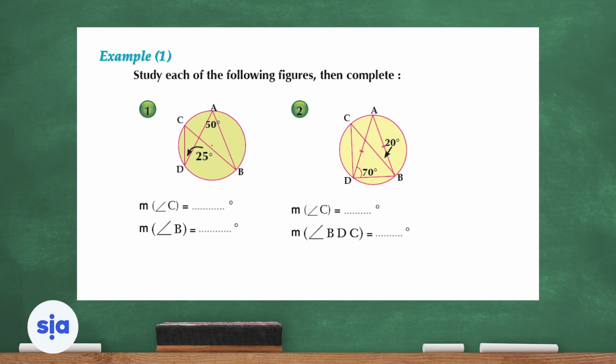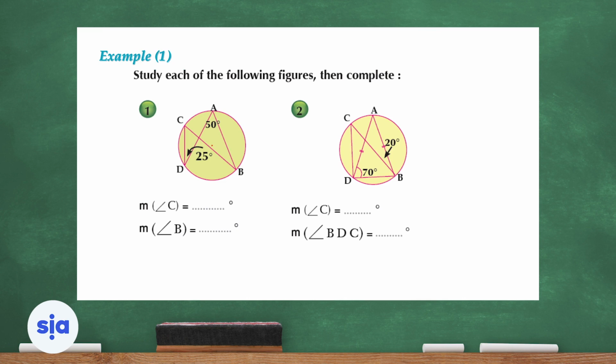If you check the first circle, you will see that the measure of angle C is equal to the measure of angle A, because C and A are subtended by the same arc.